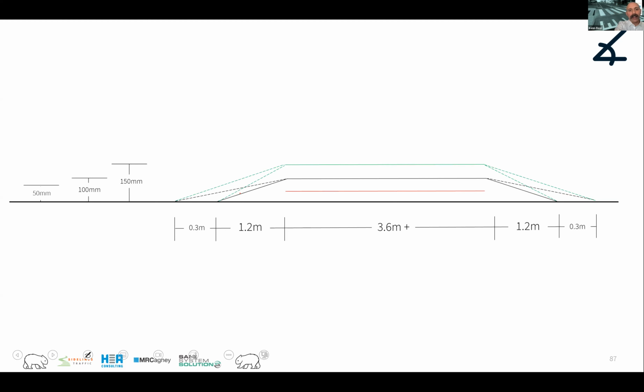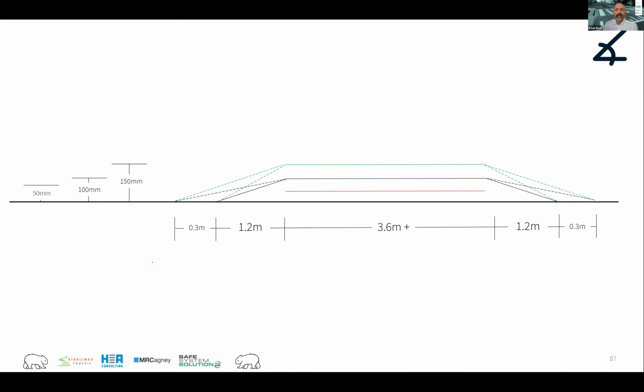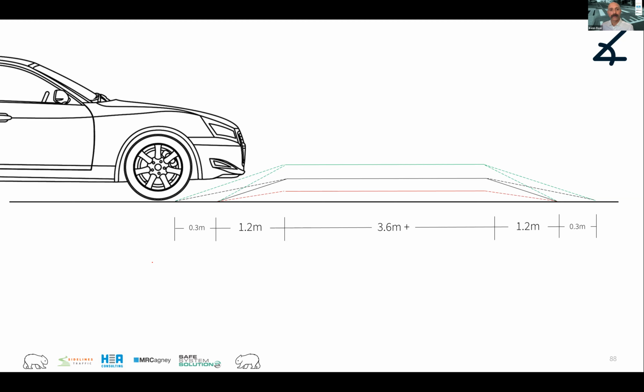You could flatten it out, but admittedly you'd have to flatten it over a huge distance, and that starts to defeat the purpose. Then you've got your lower ones. 75 is really popular. I popped a 50 in just so we had some nice even numbers, but there you really start to see that your ramp is not going to do a lot.